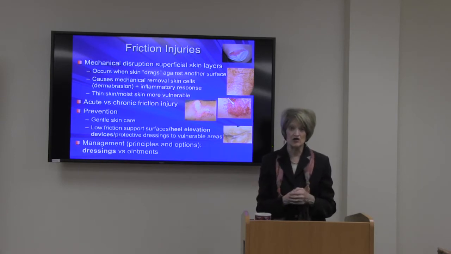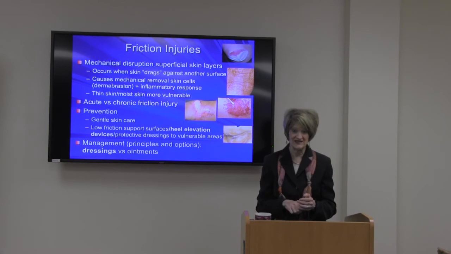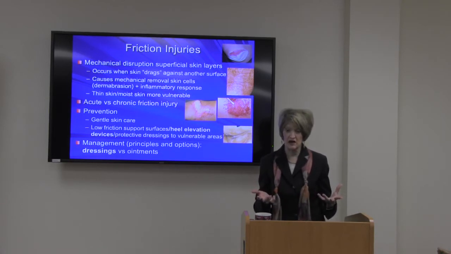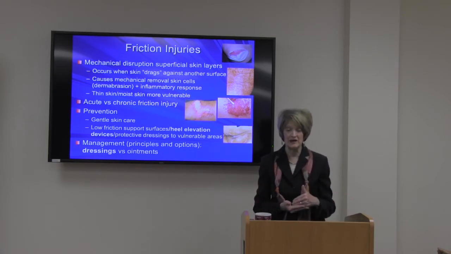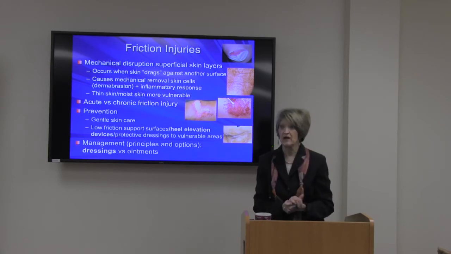Ideally, for the heel, we're using heel elevation devices to get the heel off the bed. Could we also use a transparent adhesive dressing like Opsite or Tegaderm to further protect against repetitive friction? Yes. So protective dressings can be helpful to any area that's exposed to repetitive rubbing force.